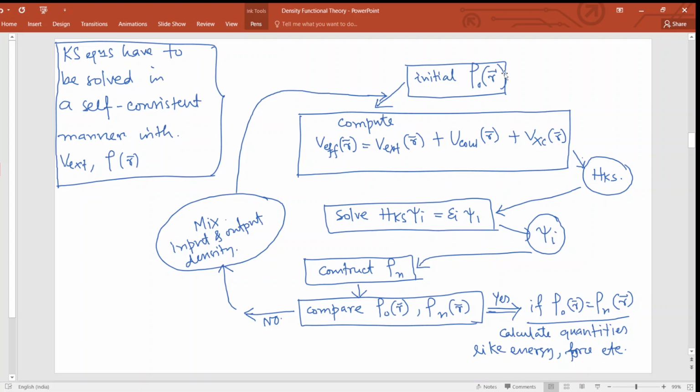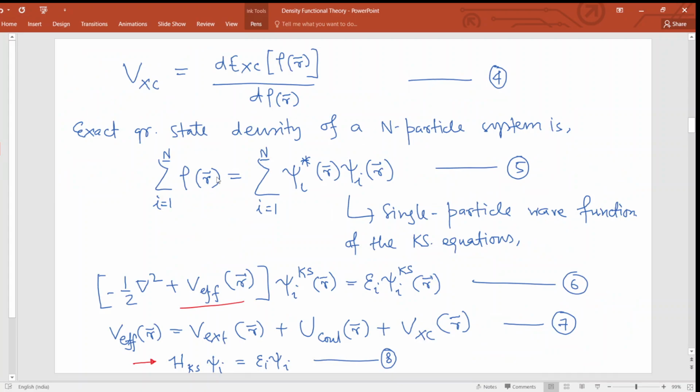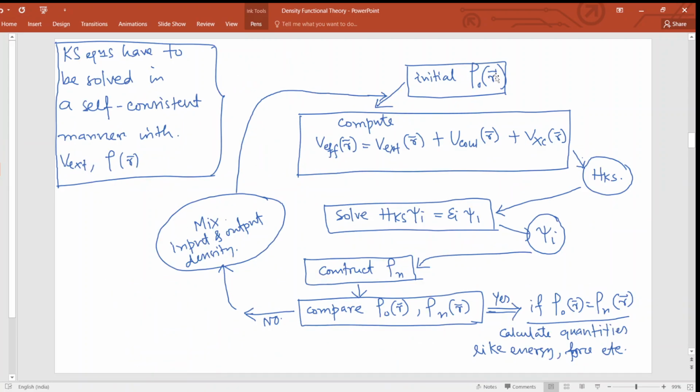We start with an initial rho 0 of r, which is the particle density. You start with a particular initial guess of rho of r, and then that is used to compute the effective potential, which is a sum of these three terms: V external, V Coulombic, and V exchange correlation.